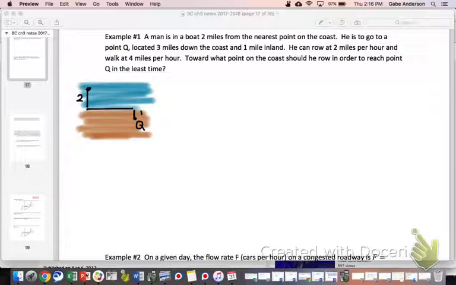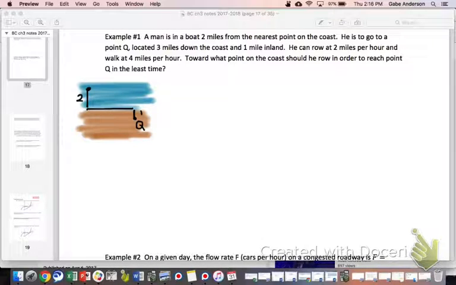We're going to find that if he were to go straight at the coast, because you might think, hey, why didn't he just go straight, to truly minimize his time in the water, and then just walk on a diagonal to Q. We'll find that's pretty close to minimizing his time, but it doesn't. That's logical, I totally get that.